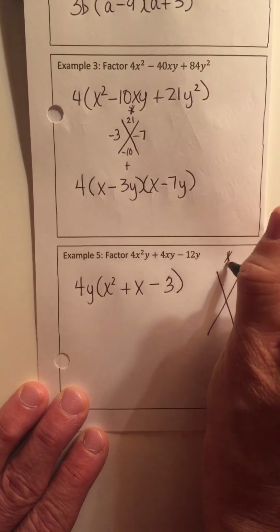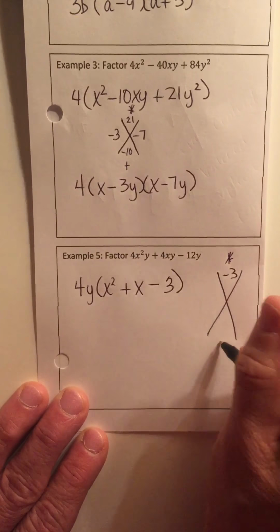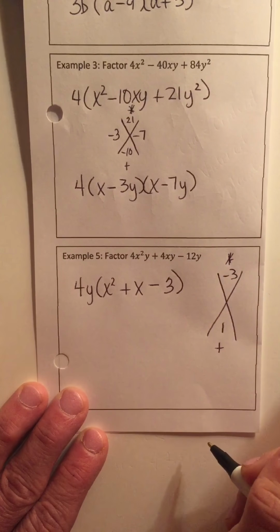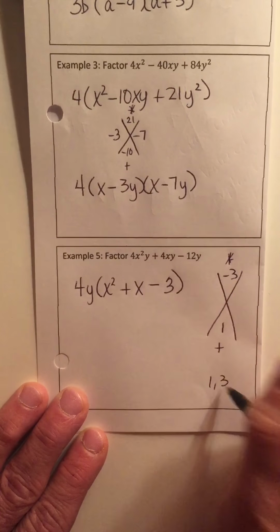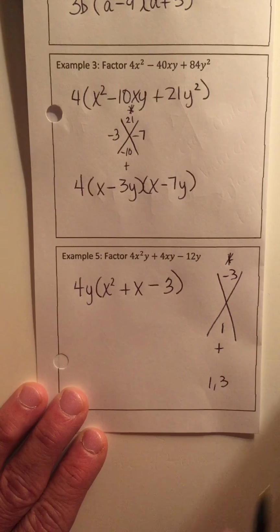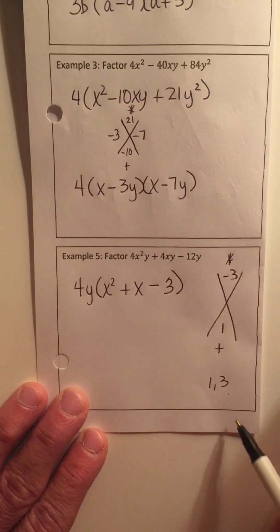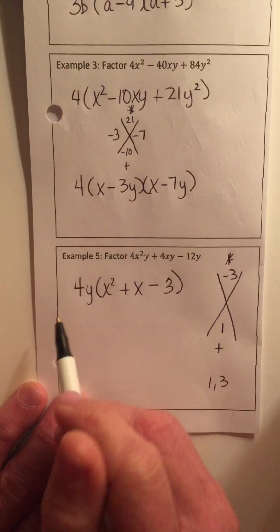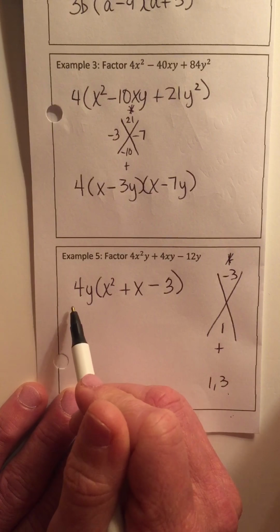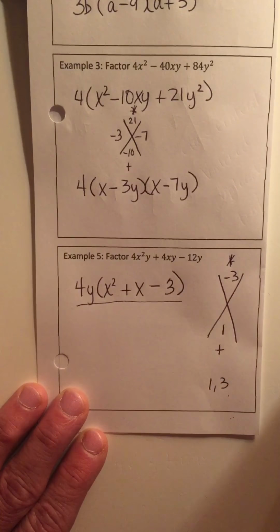What multiplies to negative 3 and adds to 1? Our factors are 1 and 3. There is nothing that multiplies to 3 and adds to 1. This is the finished factored answer.